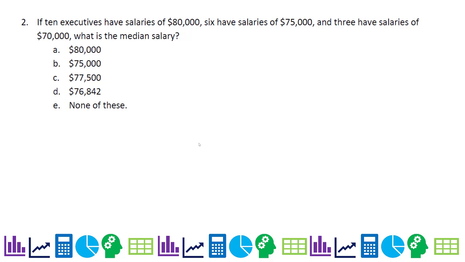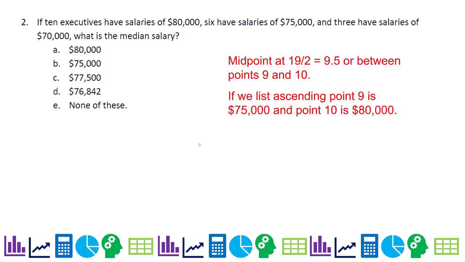So I'm just going to say, how many total data points are there? It looks like there are 19 data points. All right, this might go a little out of order, sorry. So the midpoint is going to be at 19 divided by 2, which is 9.5, or between points 9 and 10.